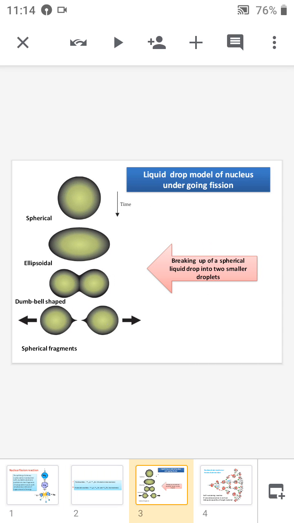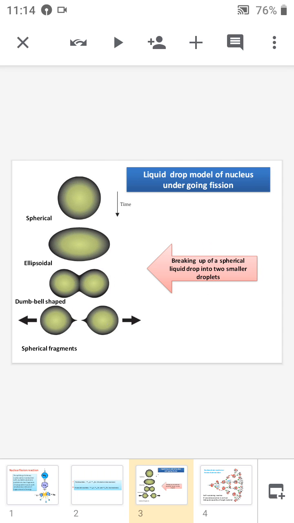Now we are moving into the liquid drop model of the nuclear fission reaction. We can compare this nuclear fission reaction to the breaking up of a spherical liquid drop into smaller droplets. First of all, as in the case of the liquid drop, the nucleus will absorb a subatomic particle, usually a neutron.